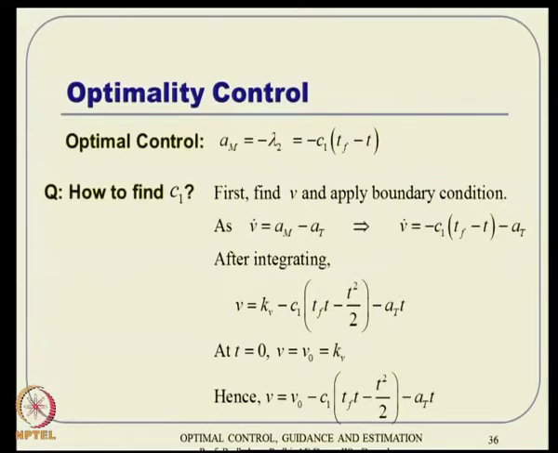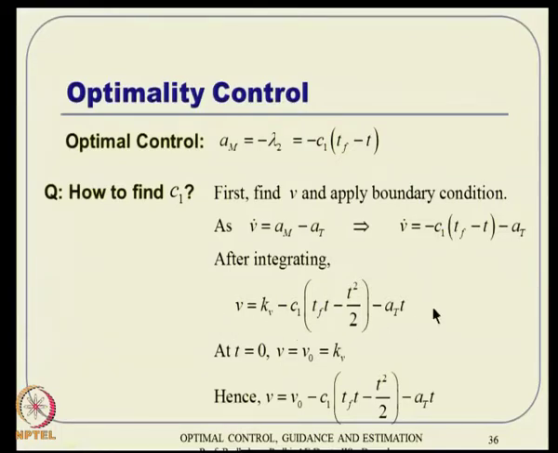Alright. So, you follow very similar steps, and the final boundary condition also remains the same. The only difference is this V dot, where the minus AT component is coming up, and that complicates the matter a little bit.